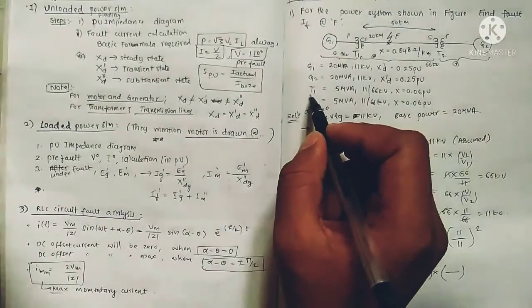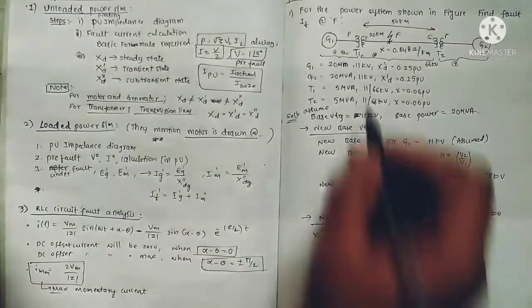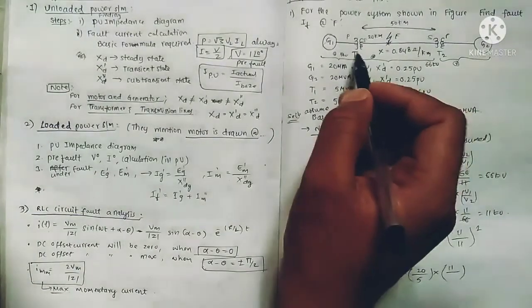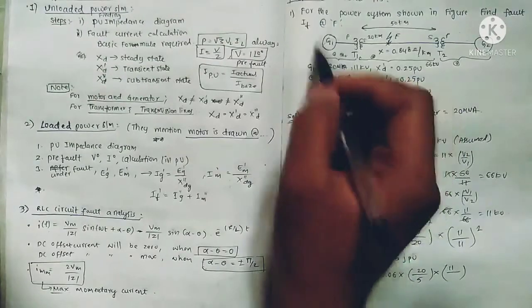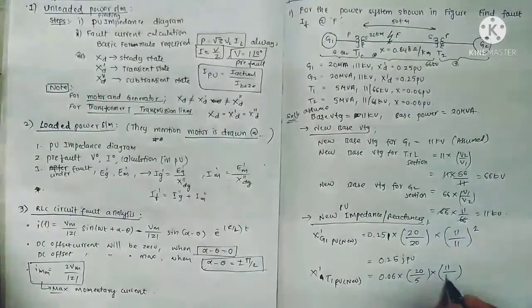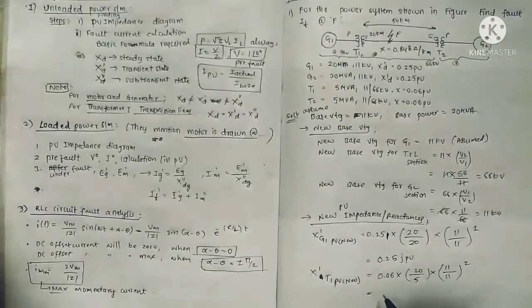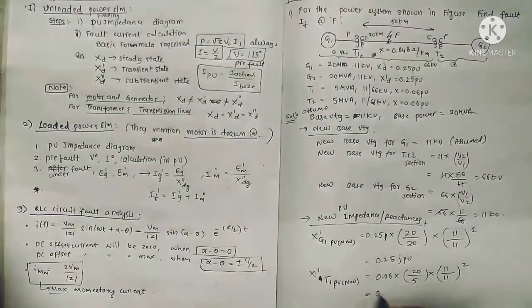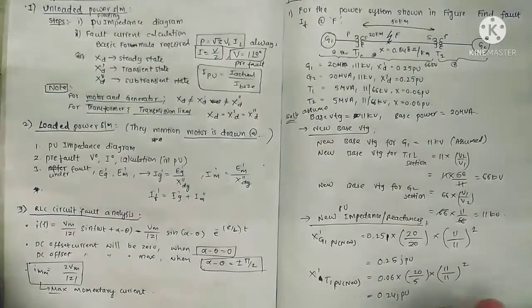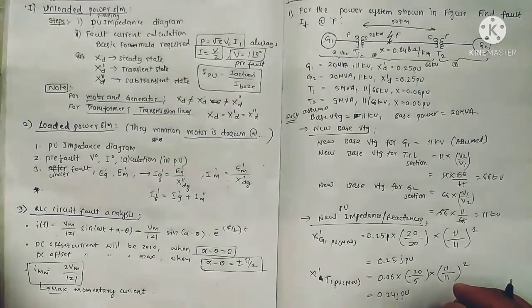For T1 you take the primary voltage, because the T1 primary is this side. The primary section voltage is 11 kilovolt. After calculating all this, we get 0.24 j PU. Sorry for moving faster, because of time. You can watch my previous videos of module 1 numericals where I discussed in detail.